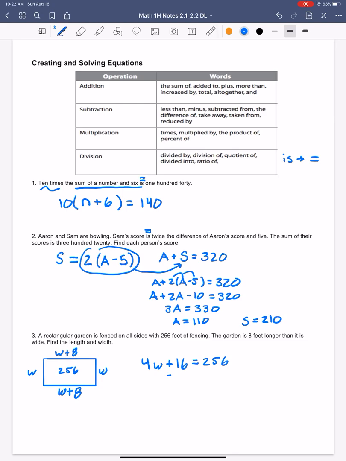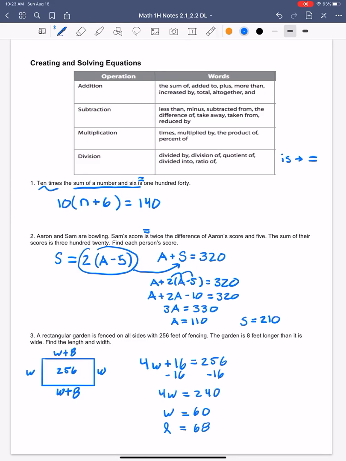So I'll subtract 16. I get 4W equals 240. Divide both sides by 4, and I get W equals 60. Okay, and then remember the length is 8 feet longer than that. So I'm going to say L must be 68. And we end up with our answers.